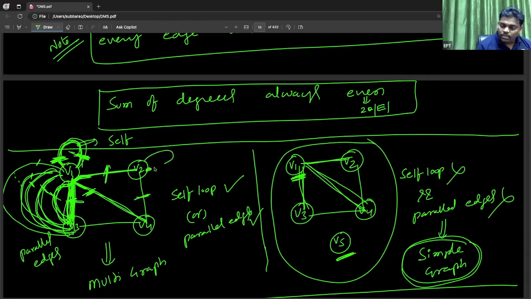If a self loop is there, this also. You may say same edge, but it is a special case. Let me write now. Self loop will add degree 2.